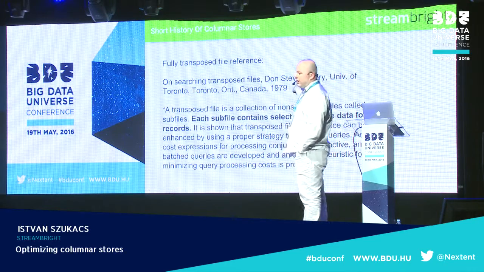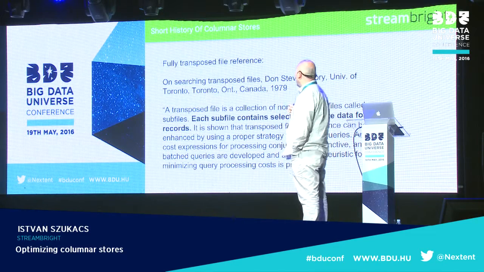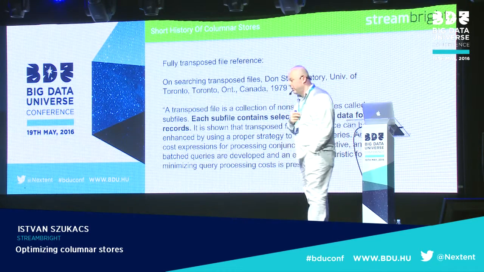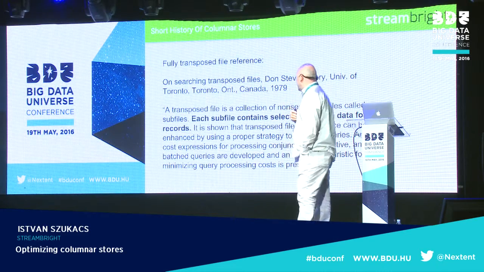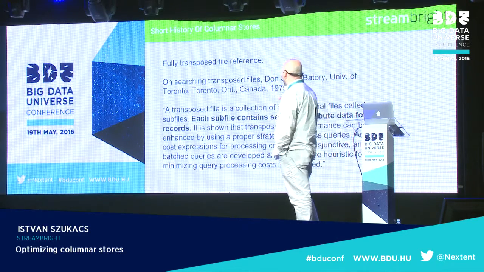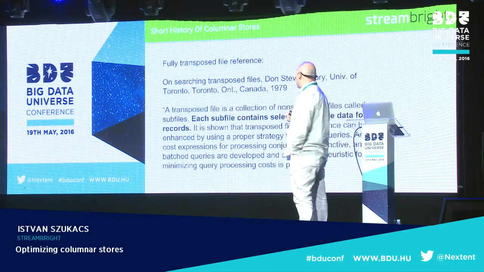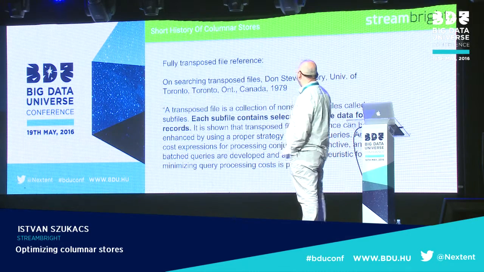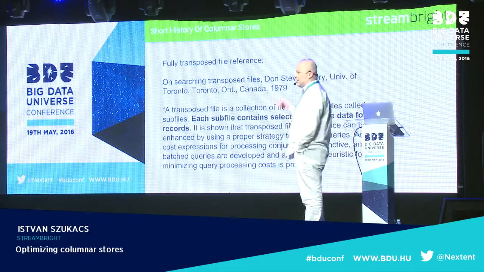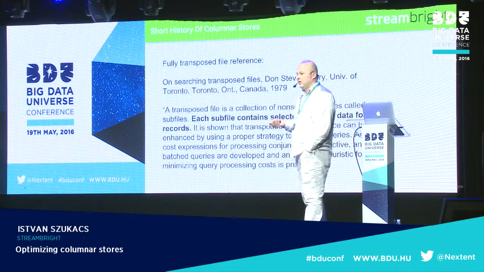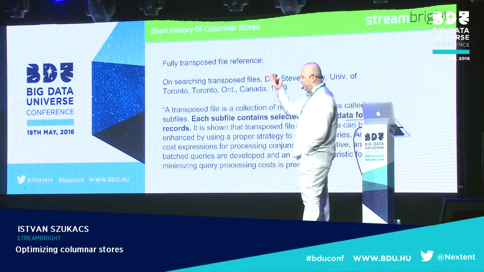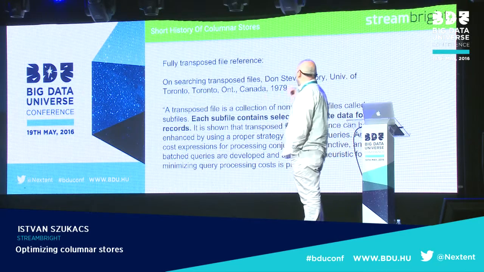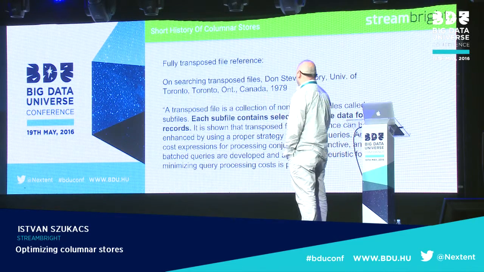It's done by a Hungarian guy, Don Steve Battery. He was working for the University of Toronto, and he came up with this. The really important part is the body line: each subfile contains selected attribute data for all of the records. Essentially, this is the definition of columnar stores, that you store in different files the attributes for the same table.